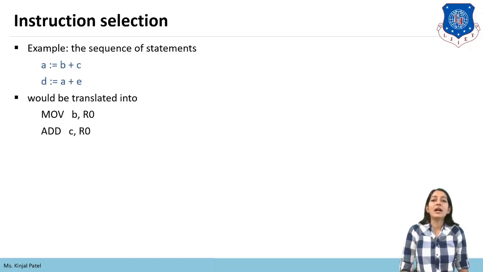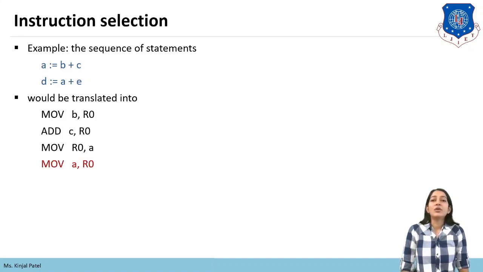Now add C comma R0 means C will be added to B using the R0 register and the result will be stored in the R0 register. And move R0 comma A means the result will be moved to the A variable. Okay, so B plus C has been stored into the A variable.